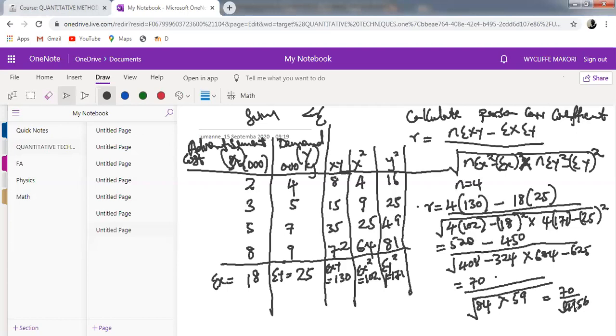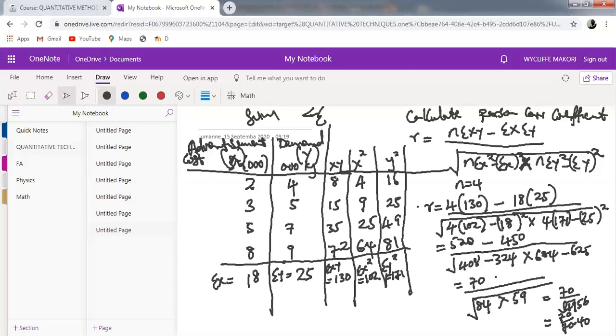So you evaluate this. Actually, let me find out the square root of it. So it's going to be 70 over, let me find my answer, 70.39, which is the same as 70.40 to the nearest 2 decimal.